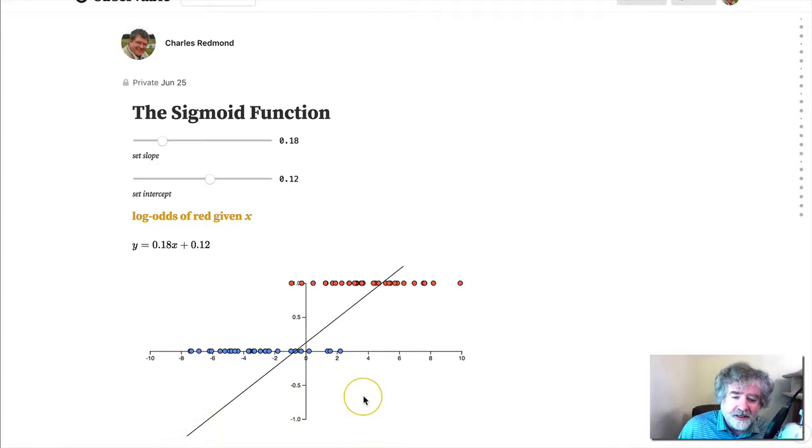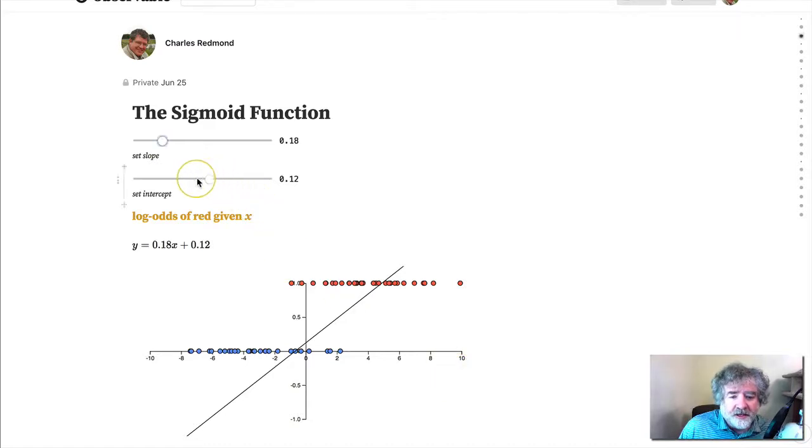Okay, and so what could it look like? There's lots of possibilities what this log odds function could look like. But it could be linear, and in logistic regression, that's the assumption: that when you plot log odds against the test scores, it's a linear function.